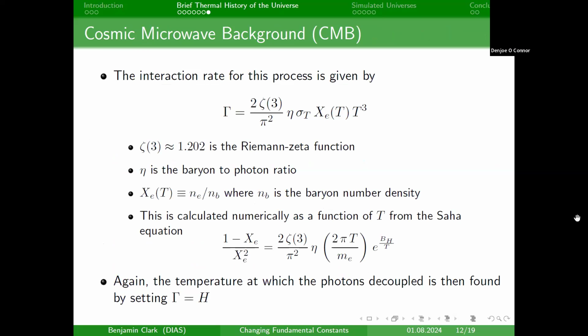I didn't look too deeply into the derivation of the Saha equation, but it does seem traceable that zeta 3 is the one that keeps coming up rather than any of the other ones. So I'd imagine not. You see zeta 3 is on the side of big gamma, the interaction rate, not on the side of the Hubble rate.